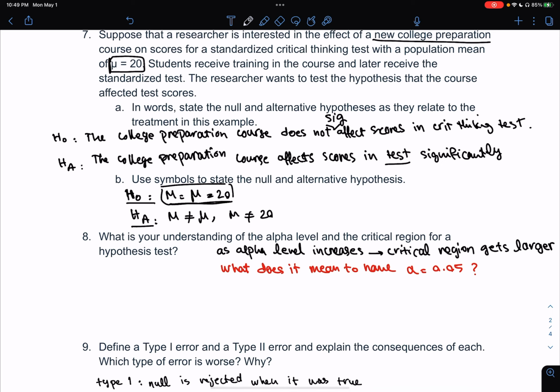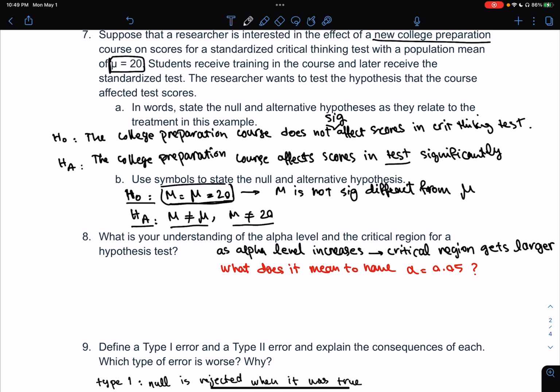And then for the alternative hypothesis, you write down that the sample mean is not equal to the population mean, and also it is not equal to 20. So the first one means that the sample mean is not significantly different from the population mean, and that's how you write it.